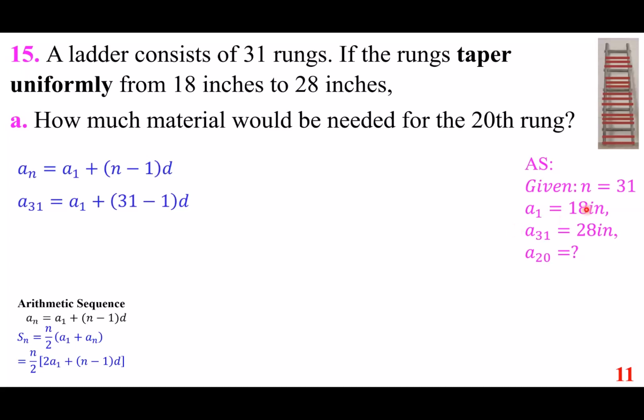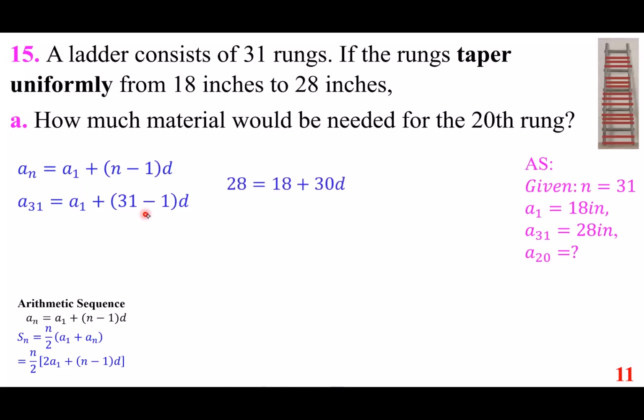is 18. So let's plug in for A sub 31, and let's plug in 28. For A sub 1, let's plug in 18 plus 30 d, and we don't know what d is.